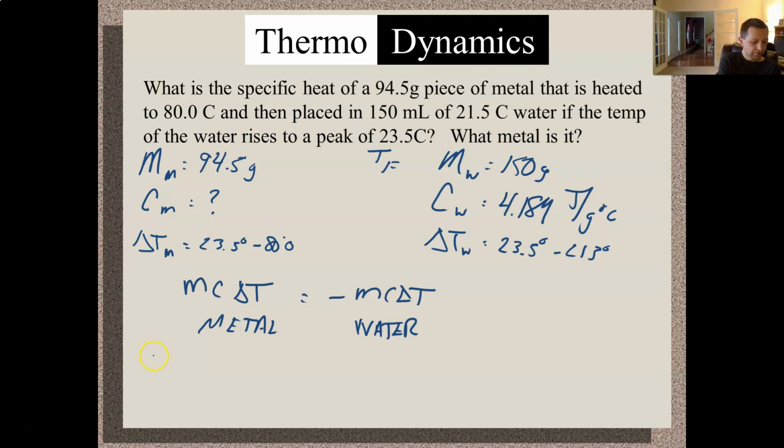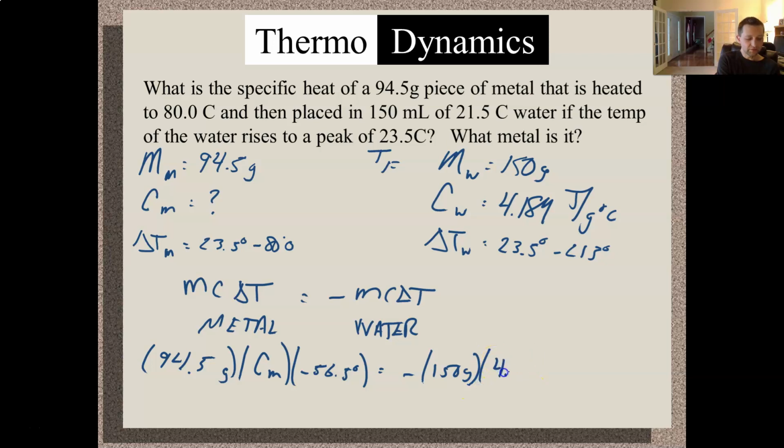So let's plug our numbers in. It's really easy to do. You have your mass of 94.5 grams, your C, which we don't know, so we'll just put specific heat of your metal, delta T, if you actually figure it out, it's negative 56.5 degrees, equals negative M, which we said was 150, C, which is 4.184 joules per gram degree Celsius, and the delta T here is 2.0 degrees.